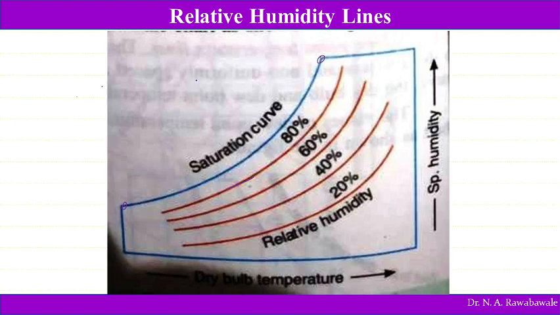When it is satisfied with the complete quantity of water vapor in it, we call that air saturated air. So 100% saturated air is represented along this curve, whereas the parallel curves are drawn. These parallel curves again give the relative humidity of air, given in percentage. So these curves parallel to the saturation curve represent relative humidity of air.